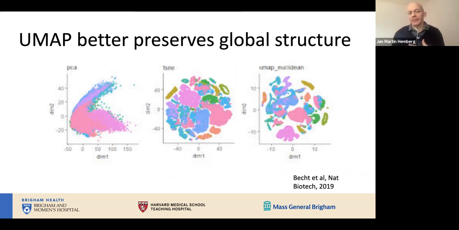They argue that it's better at preserving the global structure, because these two methods tend to focus on local structures and make sure that they are well preserved, but there are fewer guarantees about the global behavior. UMAP claims to be doing better. I'm not 100% sure that I've seen any really strong evidence that that is the case, but again, it's what people are using mostly these days.